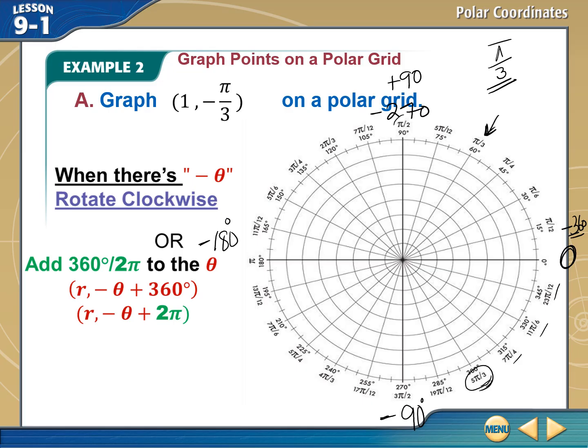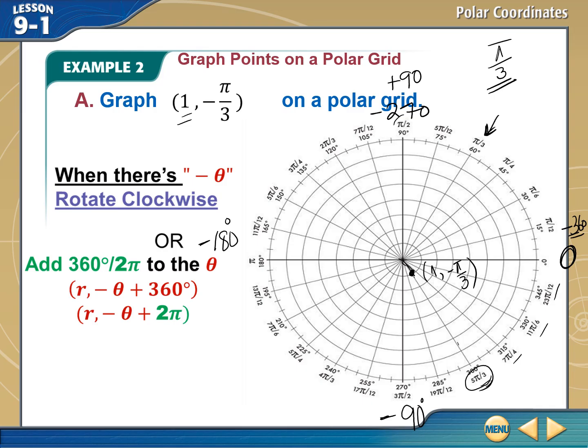So I will go over here and I will make the point on the first circle because r is 1. This one is my desired point, that is 1 and -pi/3.